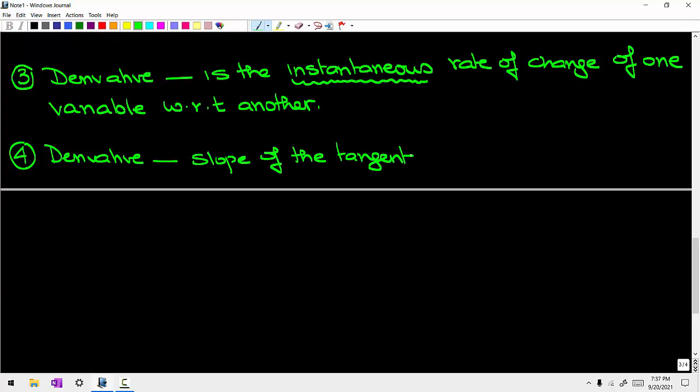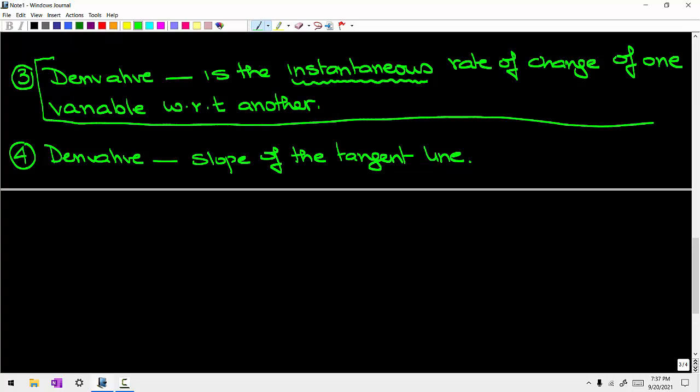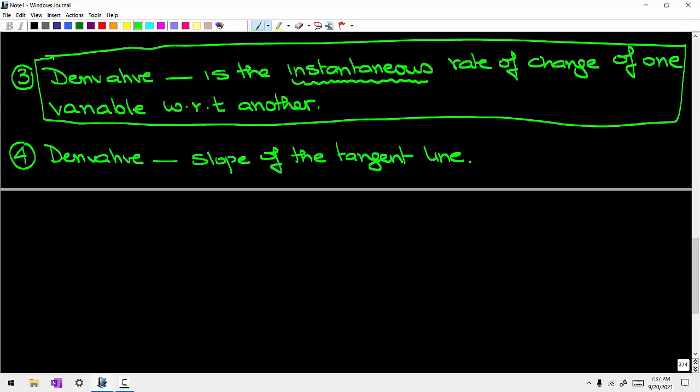Depending upon what type of application you're doing, the derivative might mean a different thing. For example, in physics, usually the derivative would be velocity. In business, the derivative could be the marginal cost or the marginal profit. It just depends upon what you're working with. In all of those cases, the derivative is the instantaneous rate of change of one variable with respect to another.